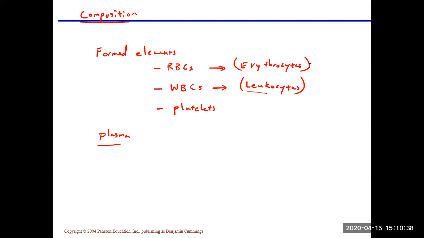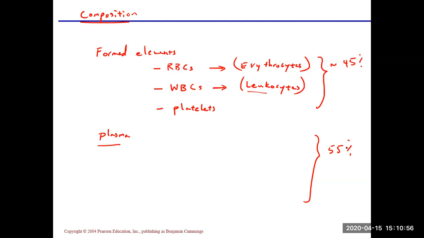The formed elements are about 45%, and the plasma is about 55%. Together they make up 100%.